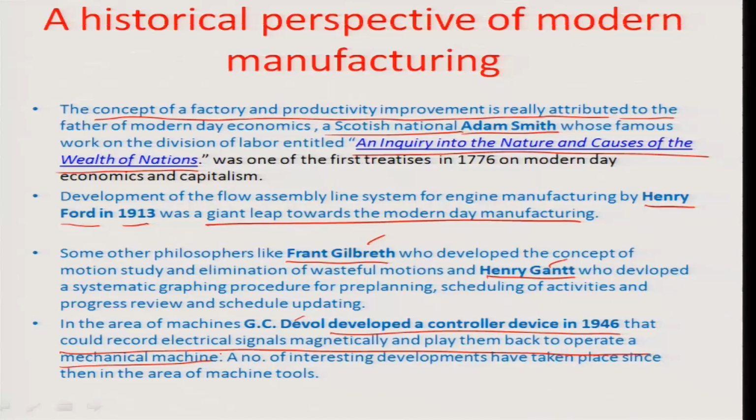This was the advent of computer assisted machining systems, which later emerged as the highly technologically advanced domain of so called computer numeric control machines. This is the way that modern day manufacturing evolved from the very first work in 1776 all the way to the last century.